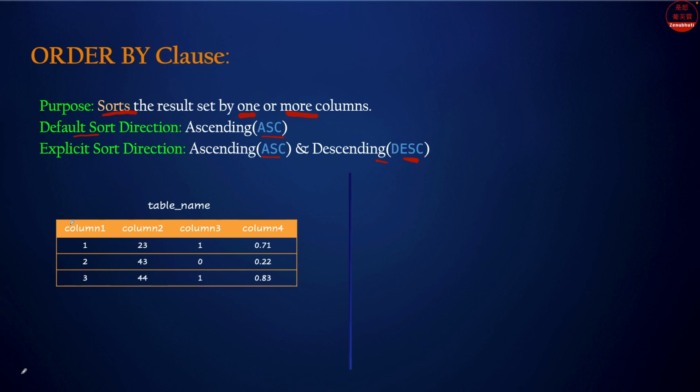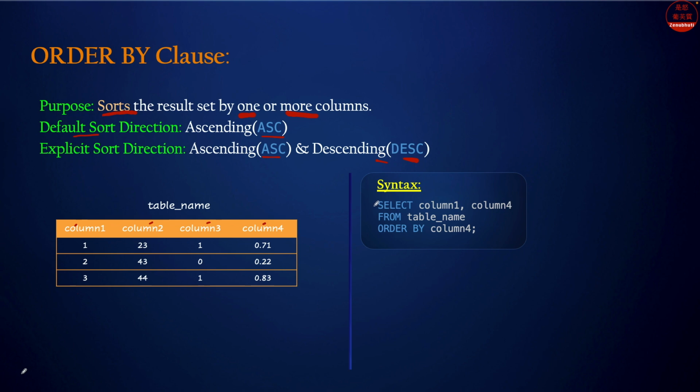Let's say we have a table and we have column 1, column 2, column 3, and column 4. Now we would like to extract the data, but that data needs to be sorted, let's say in ascending order. So this is your syntax.